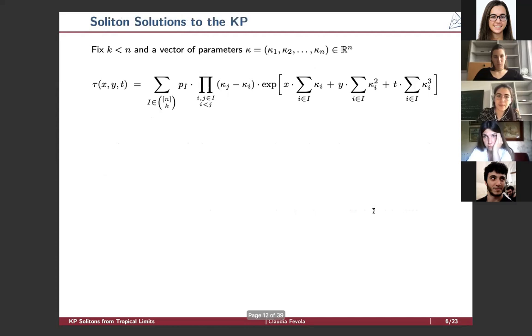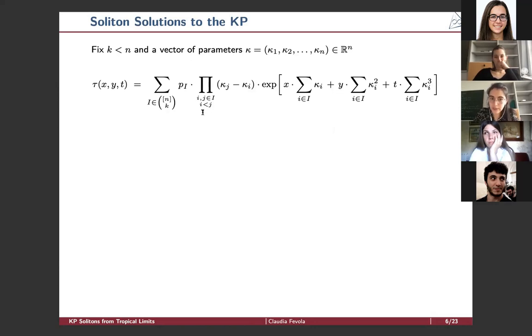So, which are these special, different solutions to the KP equation that we want to introduce, and why are they related to the Grassmannian? We fix two natural numbers, k and n, with k smaller than n, and a vector of real parameters kappa1 up to kappa n. And we can define a tau function in this way.